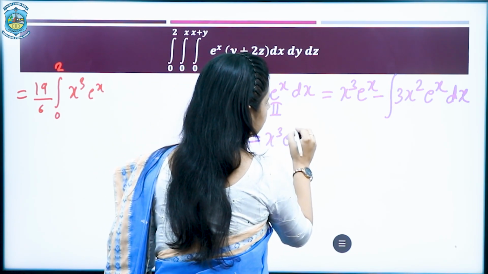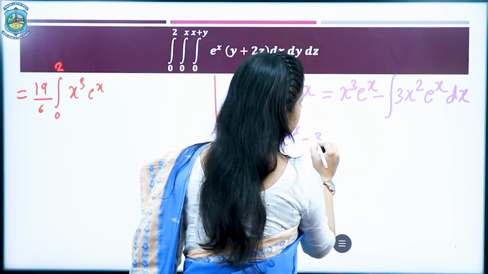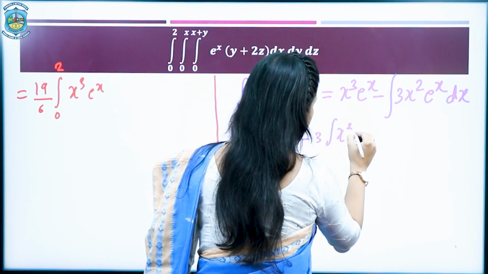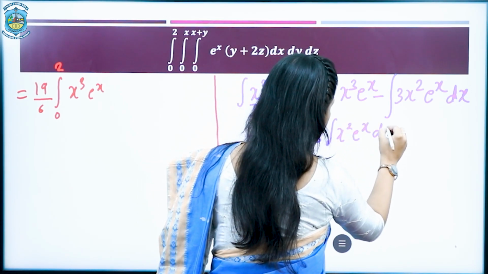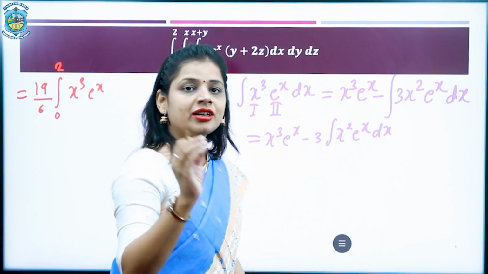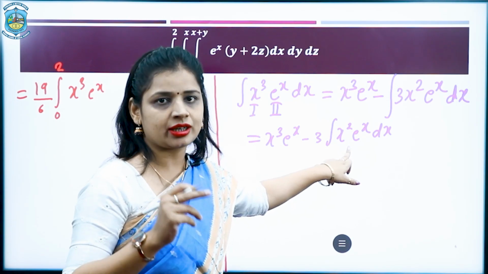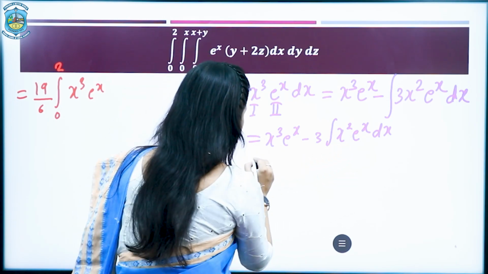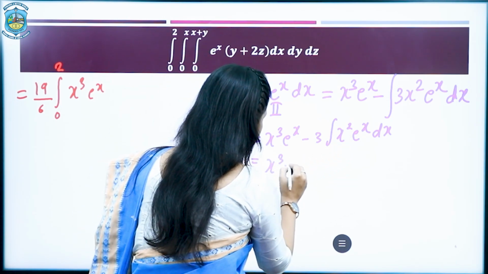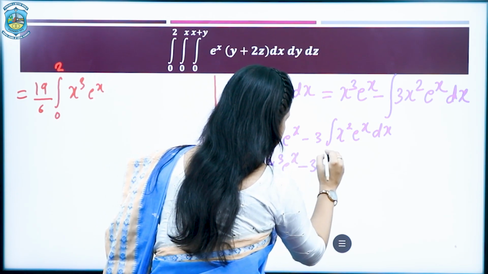Now, this is x cube e to the power x minus 3 integration of x square e to the power x dx. Now, in this portion again we have to apply integration by parts. So, this would be x cube e to the power x minus 3.